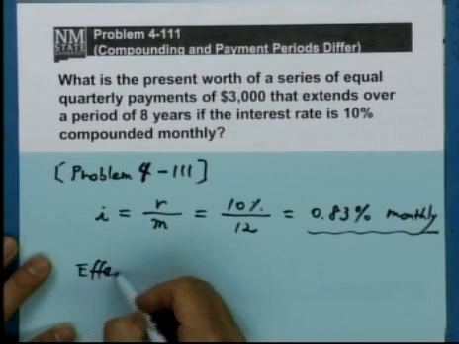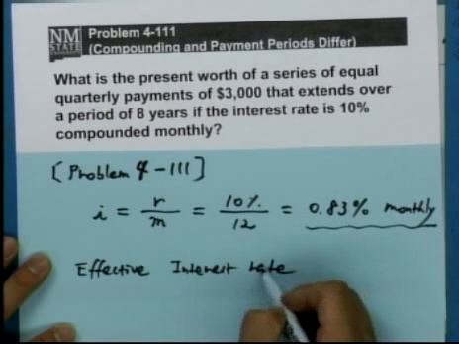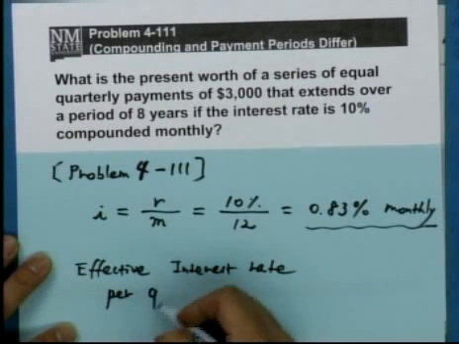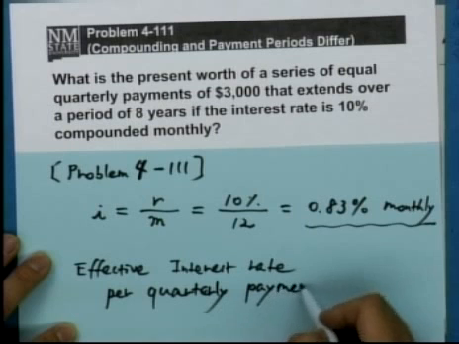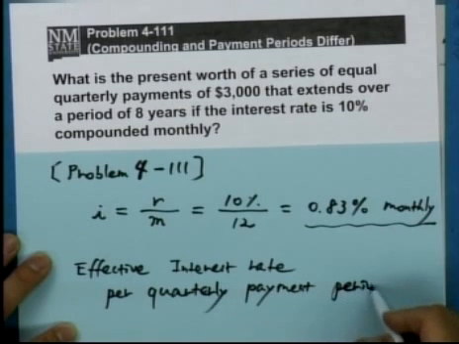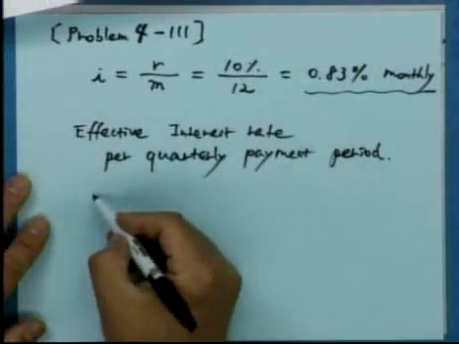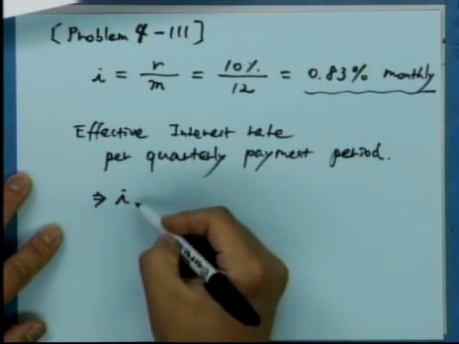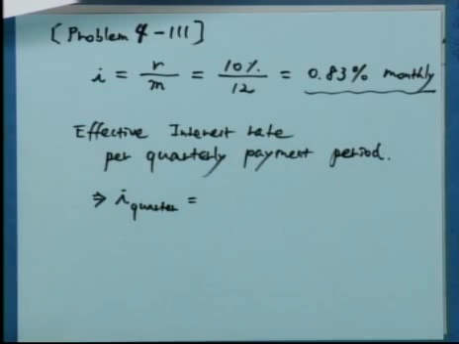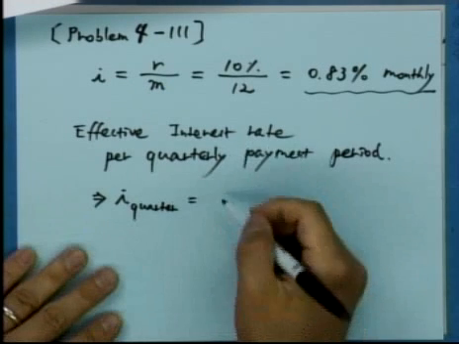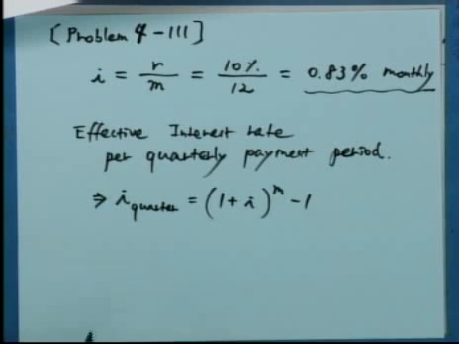So the effective interest rate per quarterly payment period, let's say, i sub quarter, is going to be 1 plus i to the power m minus 1, right?